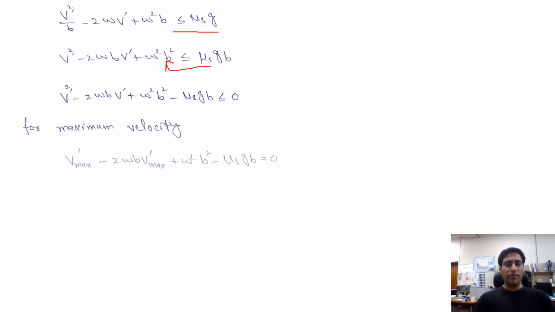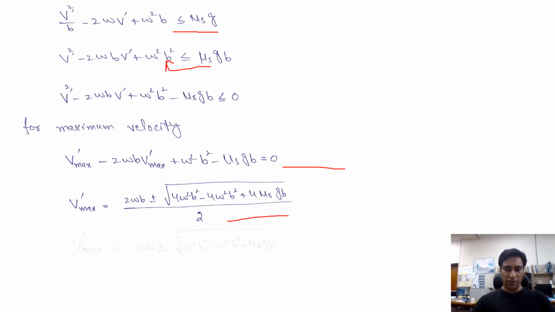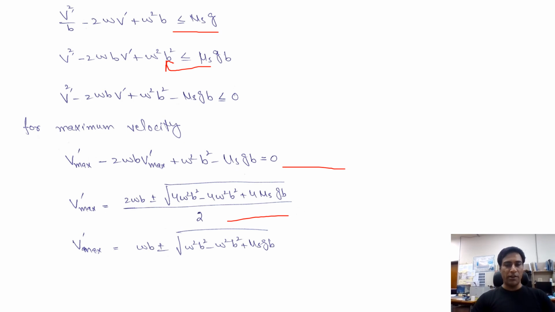So for maximum velocity, v maximum dash square minus 2 omega b v maximum dash plus omega square b square minus μs g b equals 0. This is a quadratic equation, so we just apply the formula, and after simplification we get v max dash equal to omega b plus minus square root of omega square b square minus omega square b square plus μs g b.